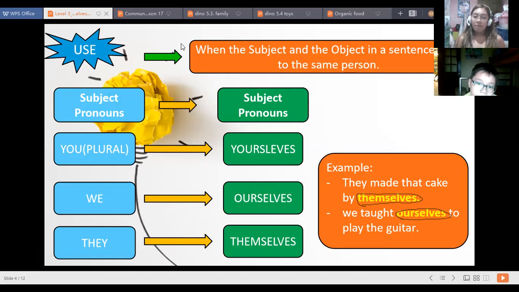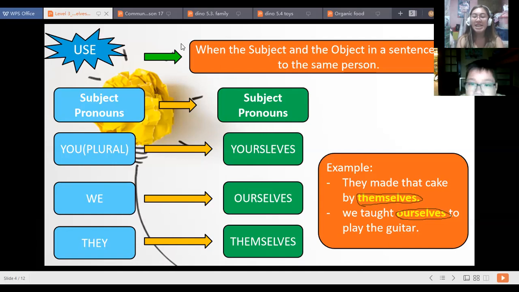We taught ourselves to play guitar. Okay, very good. I will ask you, what is the use of reflexive pronoun? When the subject and object in a sentence refer to the same person.